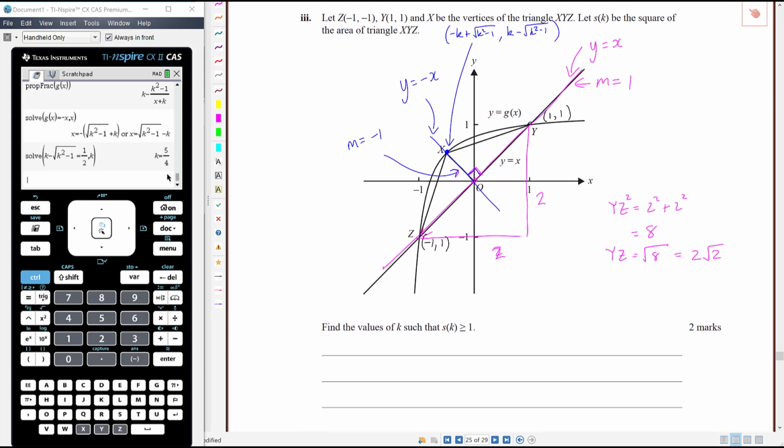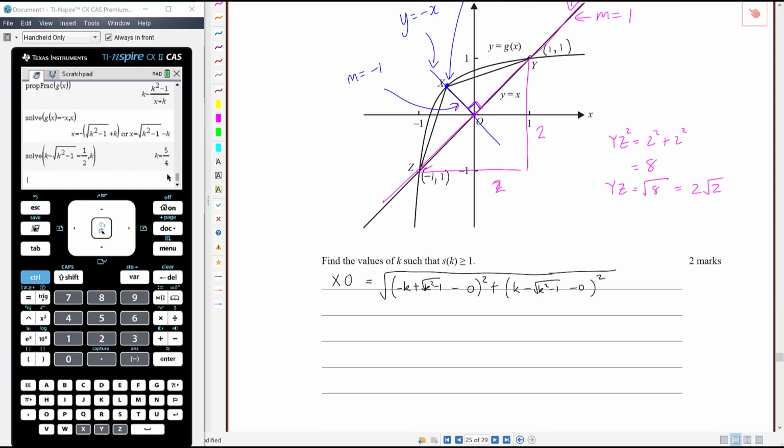So I know that XO is going to be the square root of negative k plus the square root of k squared minus 1, take away 0, all squared, plus positive k minus the square root of k squared minus 1, take away 0, all squared. Alright, so let's maybe just see if we can get a slightly neater expression for that. I don't think it's going to be nice.